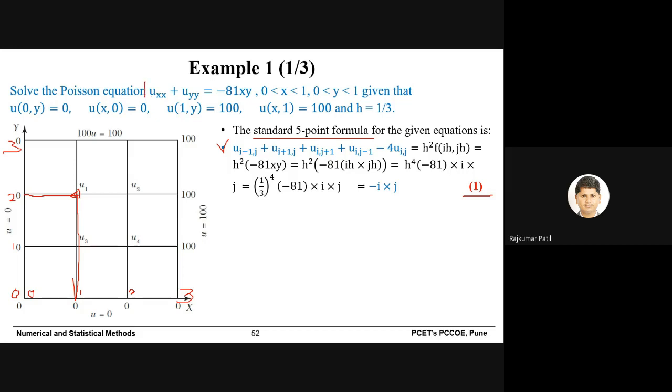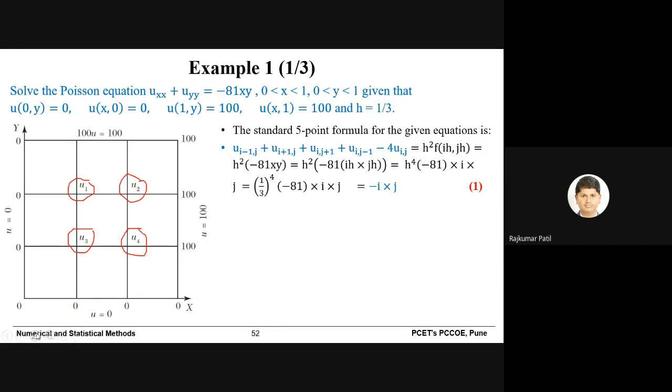And again, we took the values from the Poisson's equation, especially the part on the right side of the equal to sign, that is minus 81xy. Now what we will do is use equation 1 to calculate the equations of u1, u2, u3 and u4.